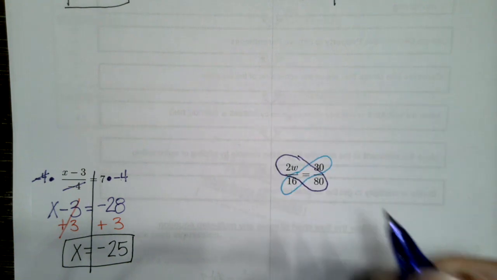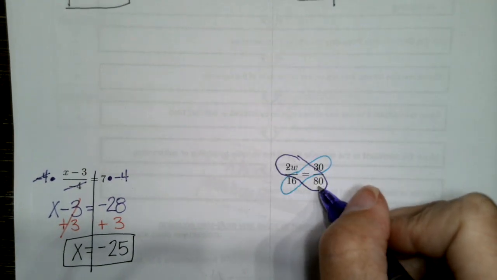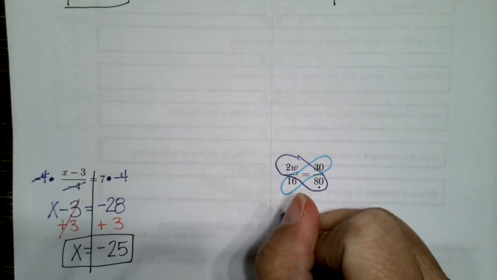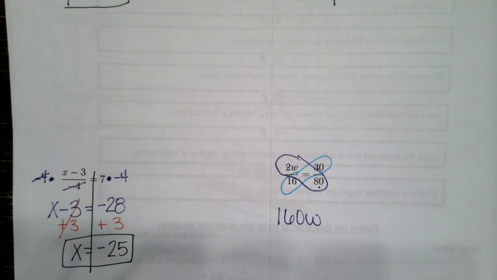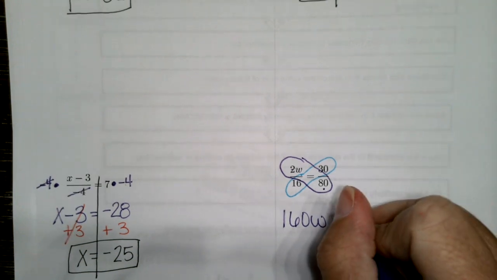All right. So 2 times 80 is 160W. And then that's equal to 30 times 16, and that's equal to 480.